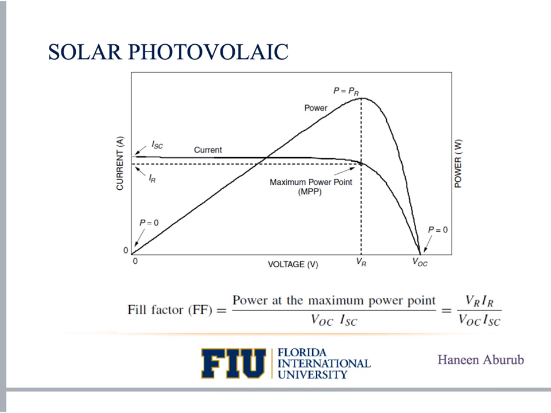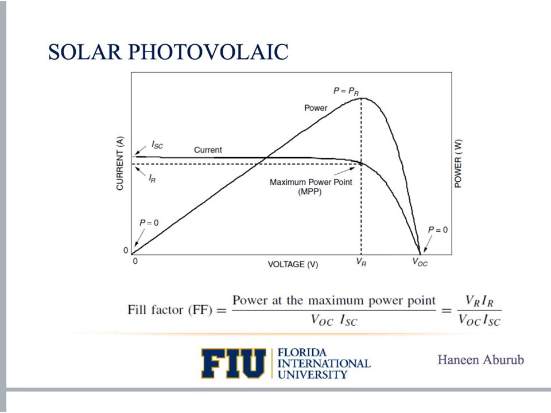Now this figure shows a generic IV curve for a PV module that identifies several key parameters to describe solar PV, such as the V open circuit and the I short circuit, and the product of the voltage and current, that is the power delivered by the module, shown by this curve.